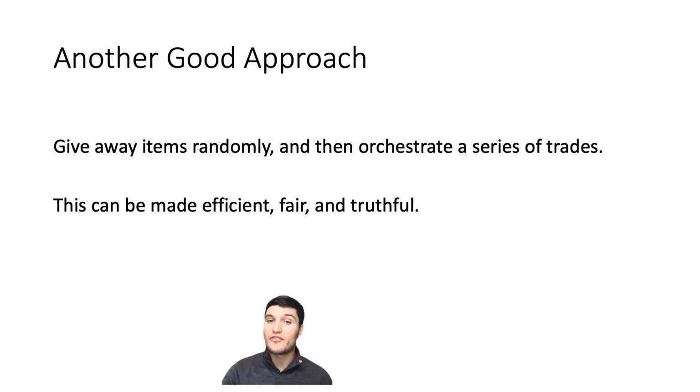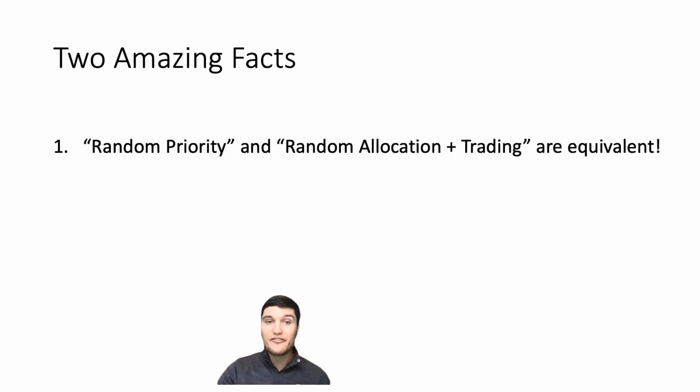So I have a couple of amazing facts for you. Amazing fact number one is that these two approaches I just described actually turn out to be equivalent, right? So lining people up in a random order and having them choose, and allocating random items and then having them trade, those turn out to be equivalent, meaning that for every agent, their chance of getting each object is identical across the two mechanisms.